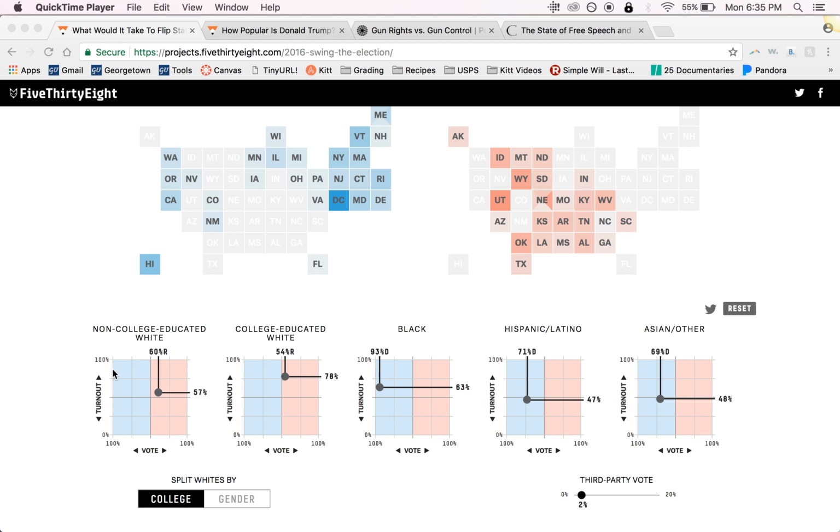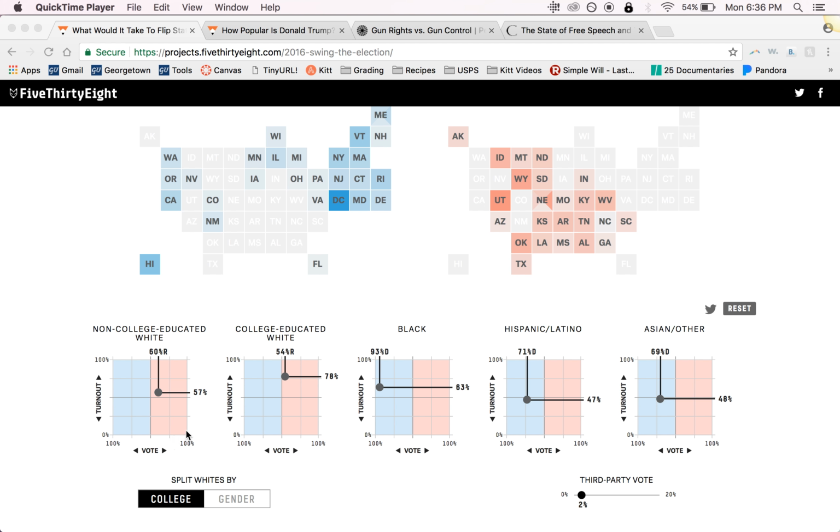The vertical dimension shows what the turnout rate in that group was. What percentage of that group turned out in the previous presidential election? So in 2012, 57% of non-college educated voters turned out. The horizontal dimension shows what percent of that category went for Democrats or Republicans. And of course, you can go up to 100% for the Democrats, 100% for the Republicans.